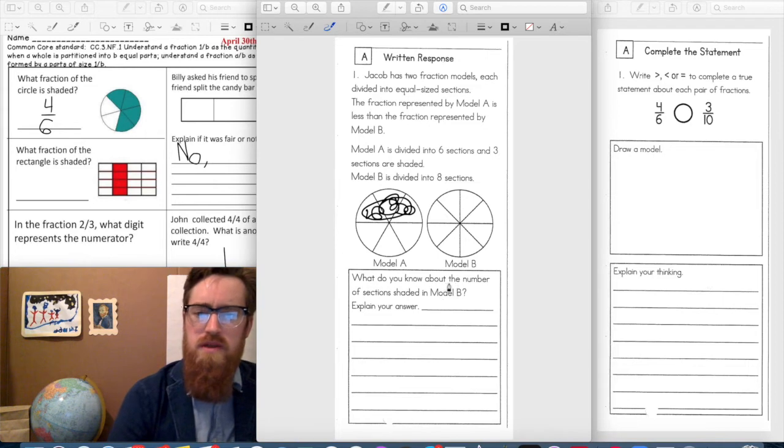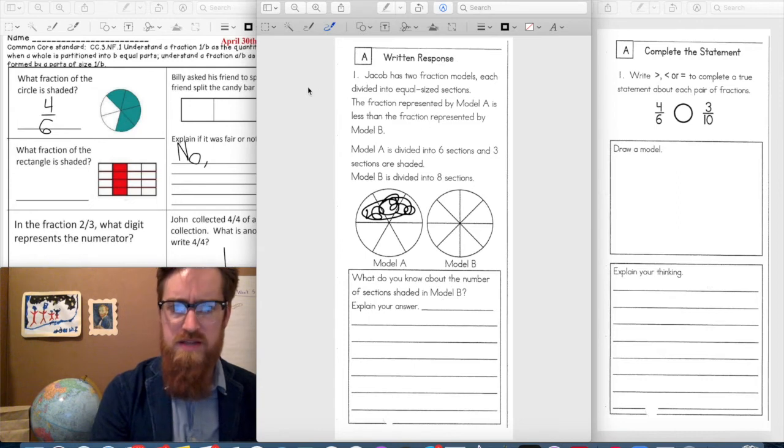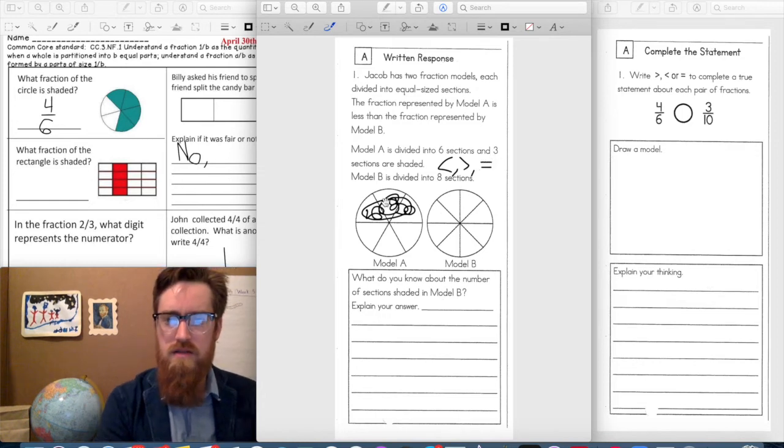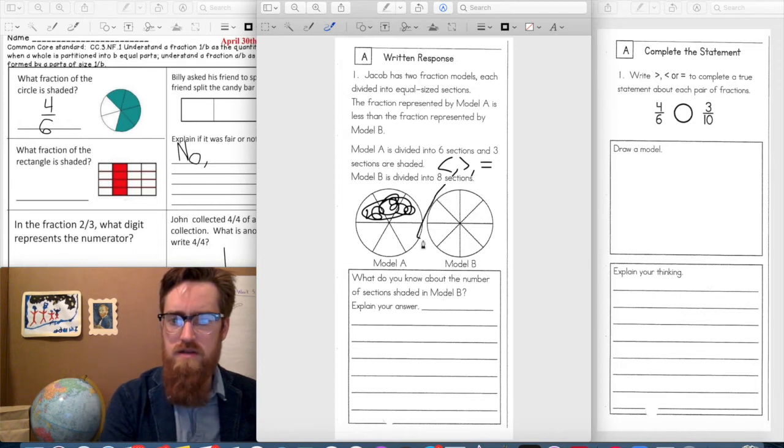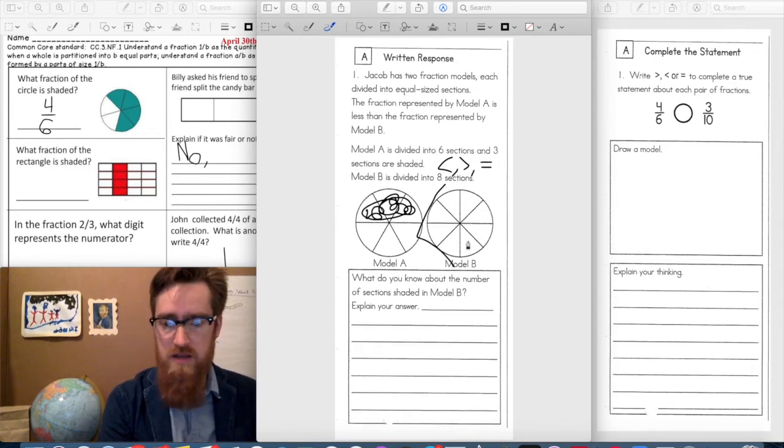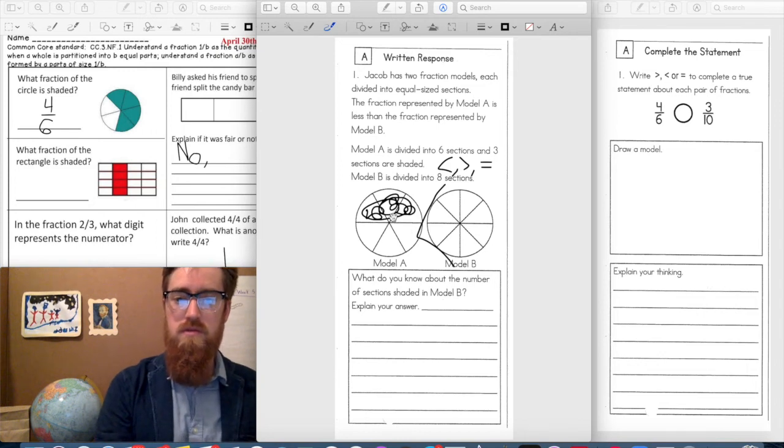What do you know about the number of sections shaded in model B? So, if we were to write this as an inequality with our less than, greater than, or equal to, we would want to say that model A is less than model B. So model B, however many parts we shade, has to be a greater fraction than model A. Model A has 3 shaded in.